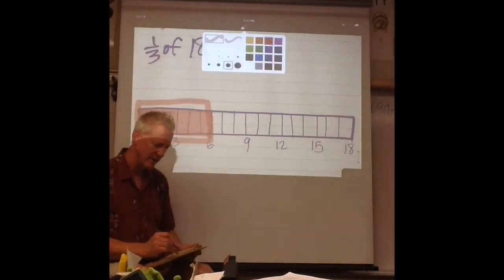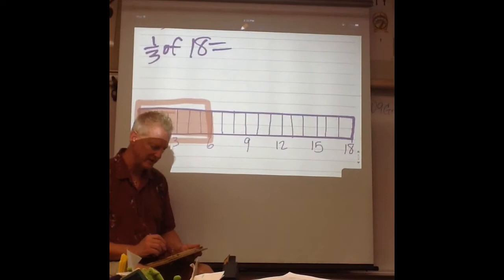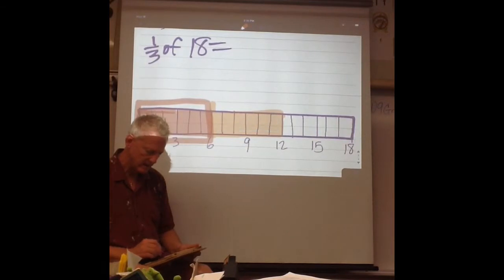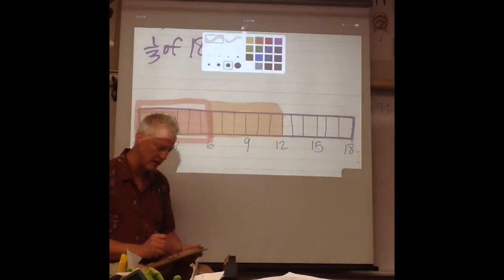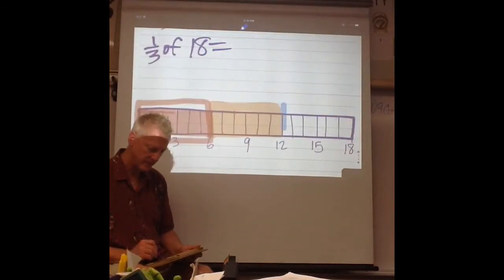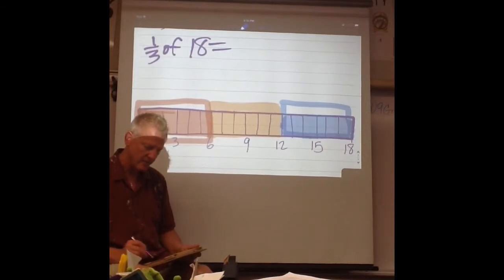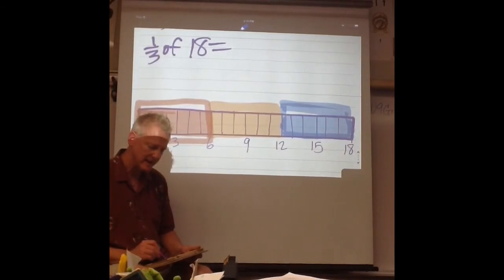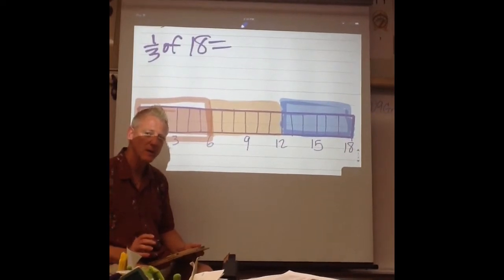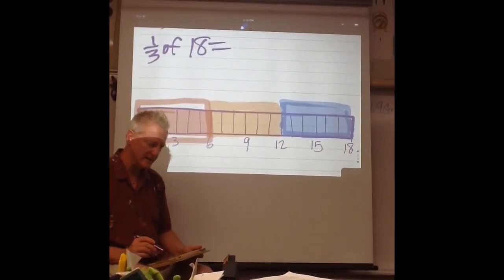Now I'm going to do another one. I'll do it in another color so we don't get confused, okay? Then I've got these, and this would be 6, right? And then let's see if I have 6 more. I'll do that in blue. 1, 2, 3, 4, 5, 6. Do you see that? So that's going to work, isn't it?